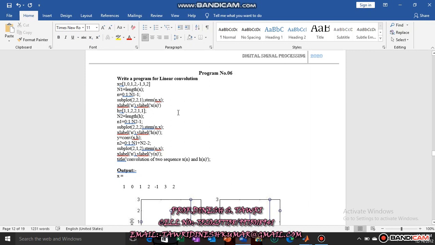We know that in linear convolution there will be a reduction of samples. So n2 is equal to 0 colon 1 colon n2 minus 1. This n2 is the length of the h sequence, and you have to write the subplot syntax in the same way.